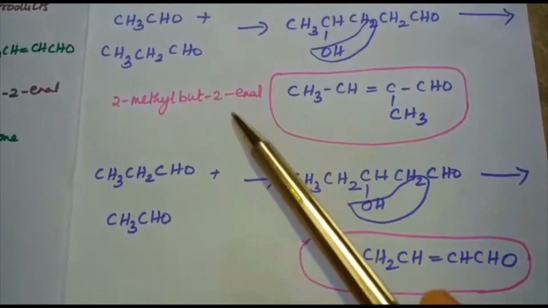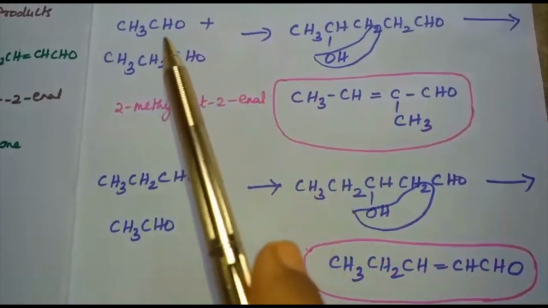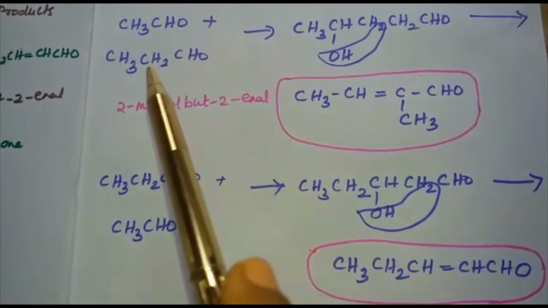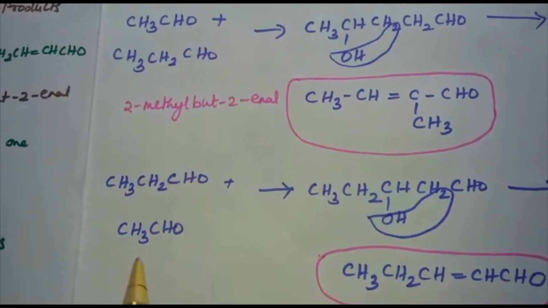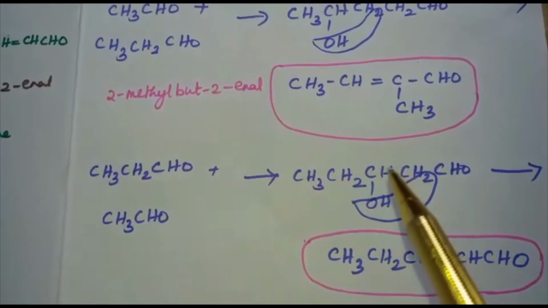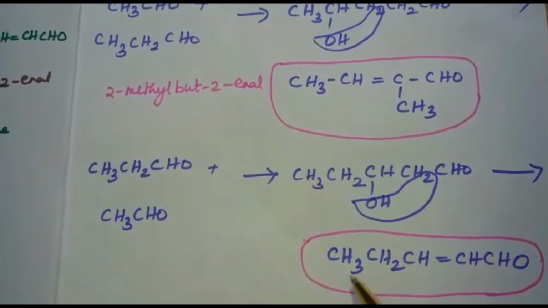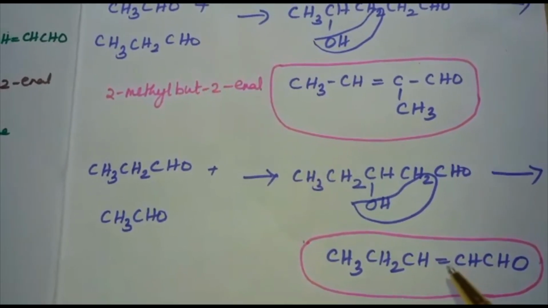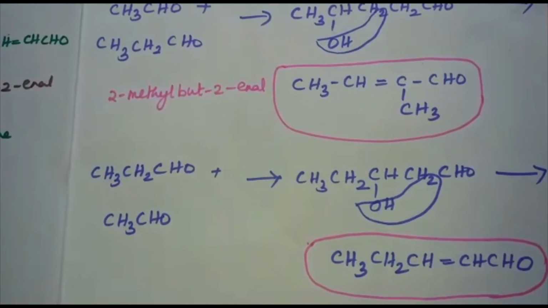See the difference between these two products. How does this happen? This is because here in this case CH3 CHO combines with CH3 CH2 CHO, whereas here CH3 CH2 CHO combines with CH3 CHO. So here we are having CH3 CH2 CHOH CH2 CHO, which loses a water molecule to give CH3 CH2 CH double bond CH CHO. This is how you are getting your cross-aldol products.